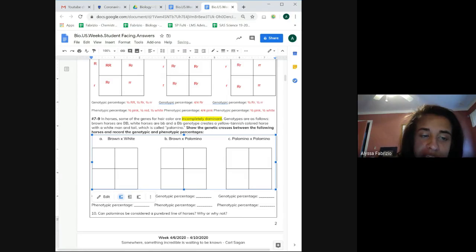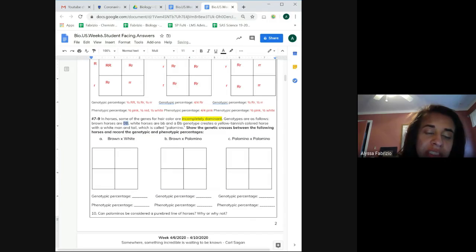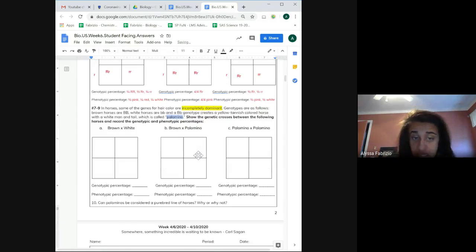So the genotypes are as follows. Our homozygous dominant results in brown horses, our homozygous recessive results in white horses, and then the heterozygous genotype results in this yellowish tan color. That's also called palomino.